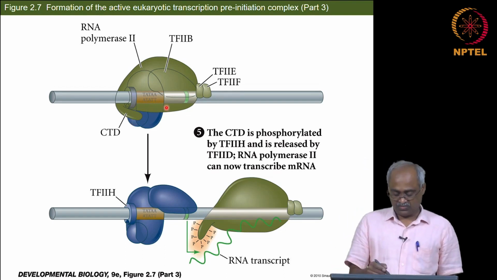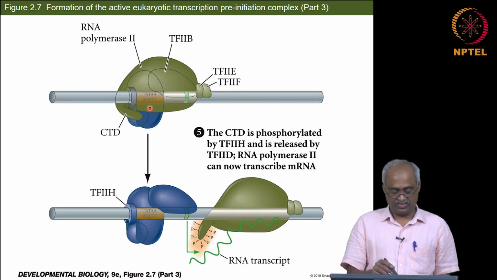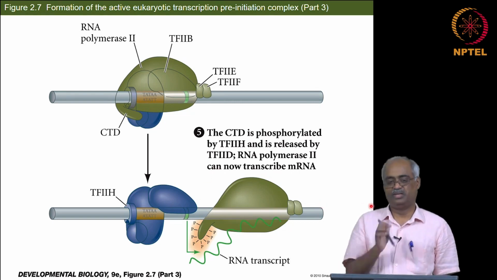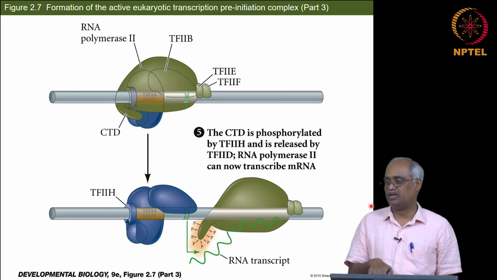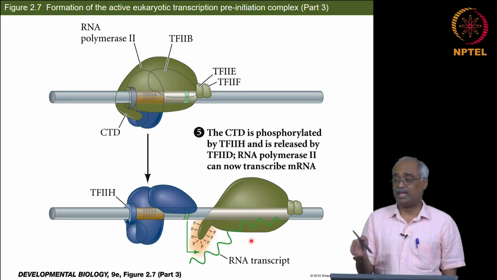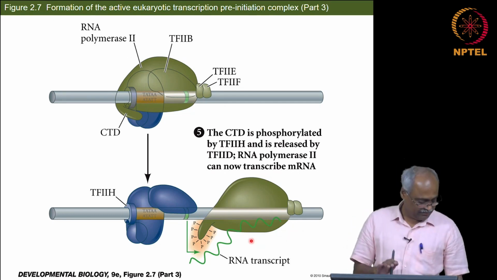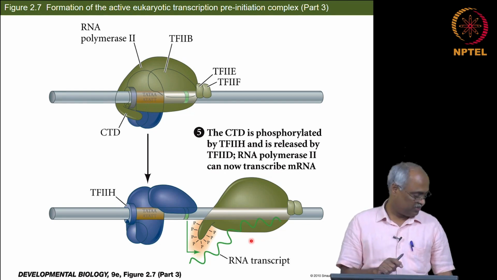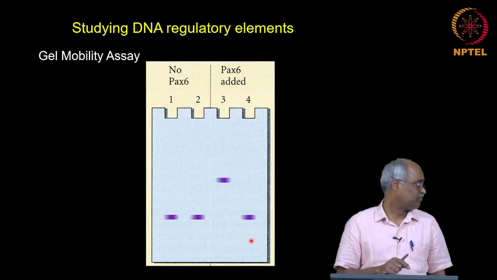So once it is phosphorylated, then it is released from TFIID and it is ready to elongate. So initiation, then elongation. Okay, so this is initiation step and this is elongation. And even in elongation, it can be paused sometimes. Those details we are not going to get into, but this is good enough to know that this is a potential step for regulation.